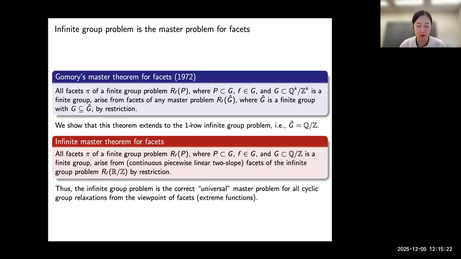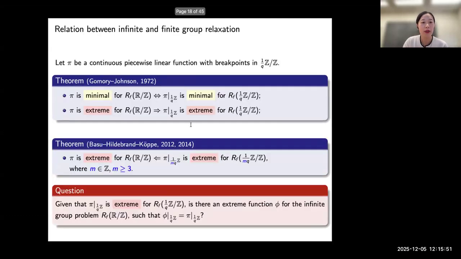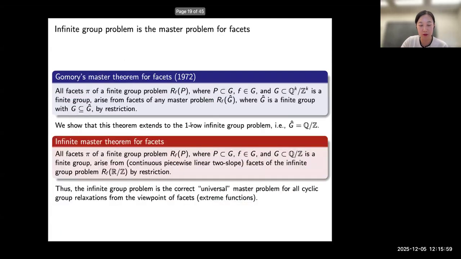So what this means is, well, you have a function, then refine the group. You can always find an extreme function for the refined group so that restricted to the coarser grid, it is extreme. It's the given function. And now refine this grid more and more. This will lead to an infinite group problem. So it is natural to think, well, whether we have an extreme function for the infinite group problem that, when restricted to the grid, agrees with our given function.